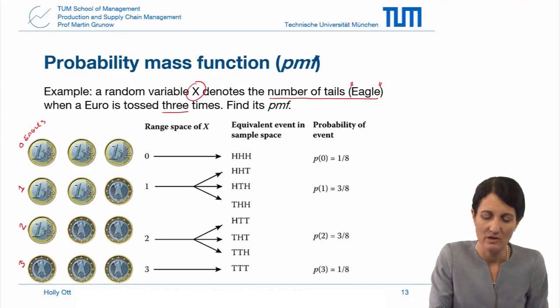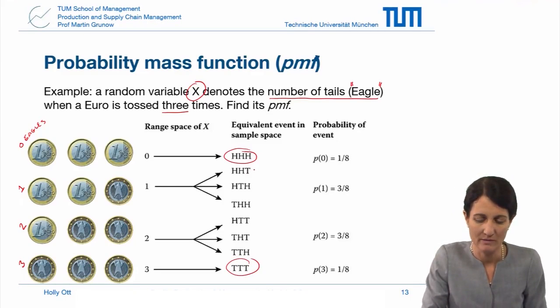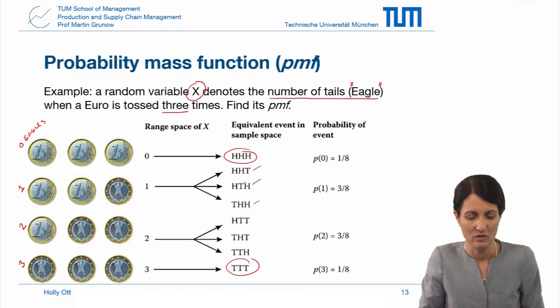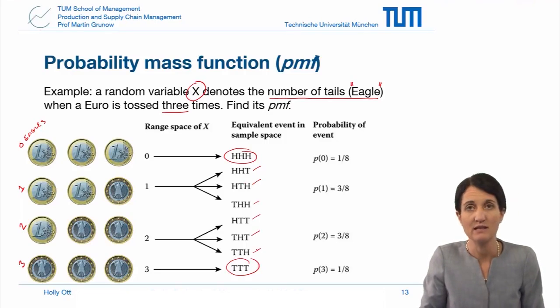We can either toss all heads or all tails, or we can toss first time 2 heads and a tail, then heads, tail, heads, heads. In this case, we have just 1 eagle, or heads, tails, tails, tails, heads, tails, tails, heads, heads, and then we have 2 eagles.